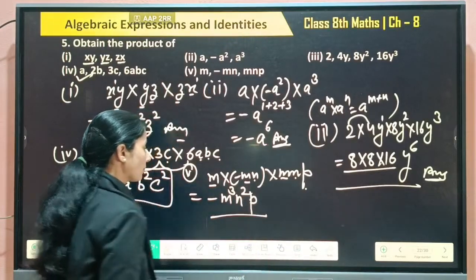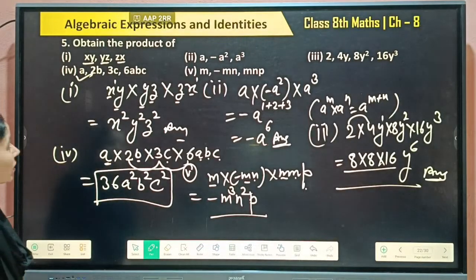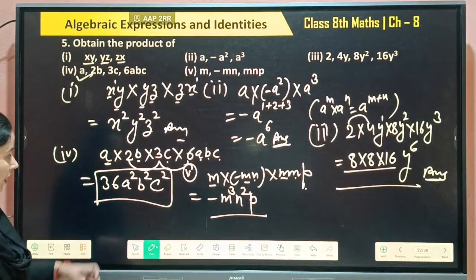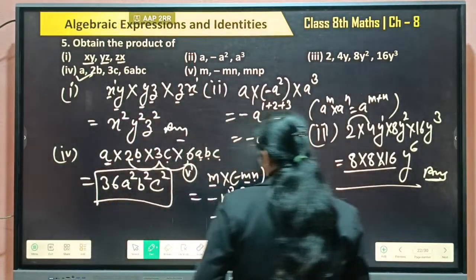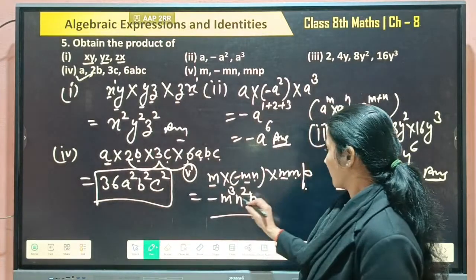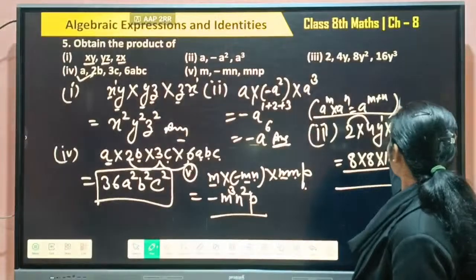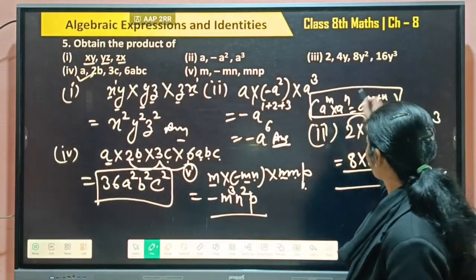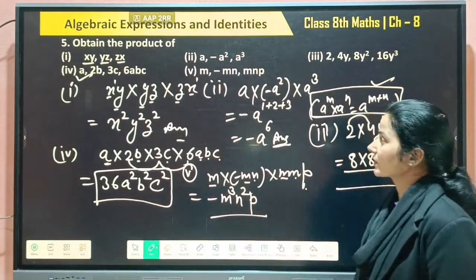So in this way you got the product of the given terms. However many times a term is multiplied, you write that in the power, like m is multiplied 3 times, so you write m raised to power 3. The reason is, same base, powers will add. We are using this law of exponents. Question number 5 is completed.